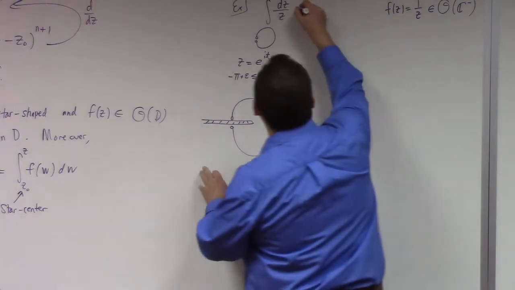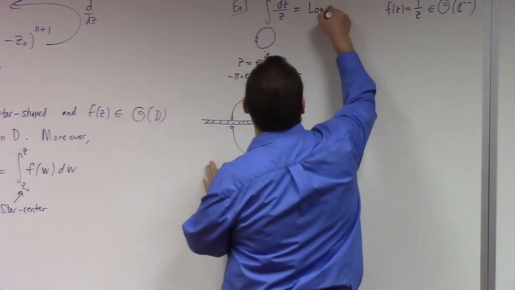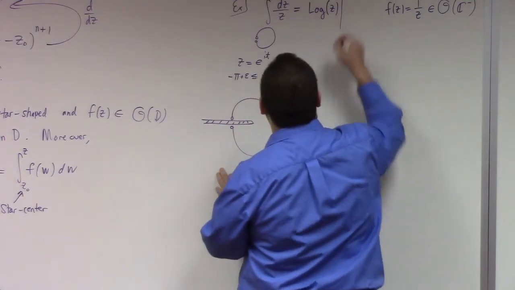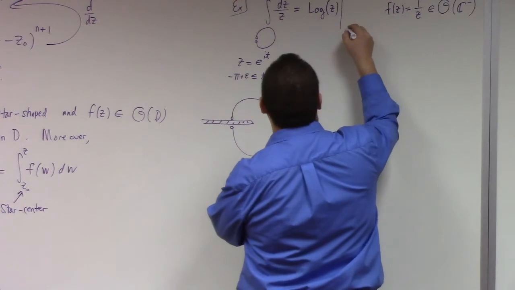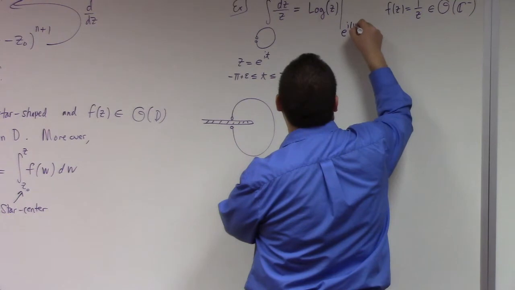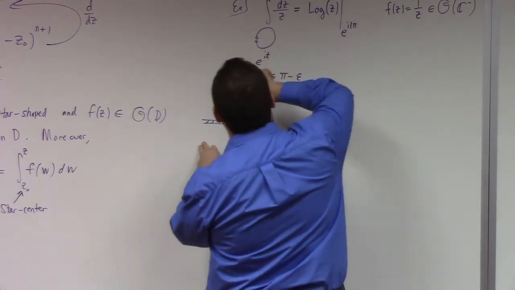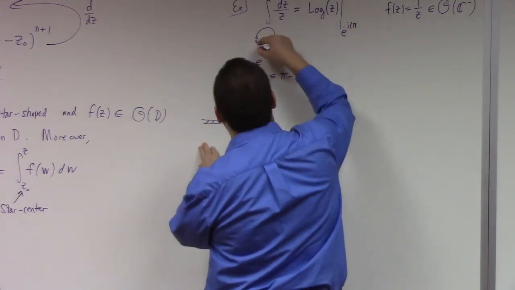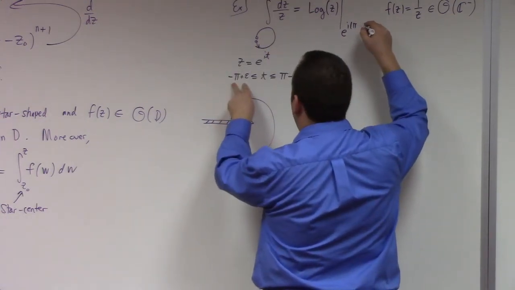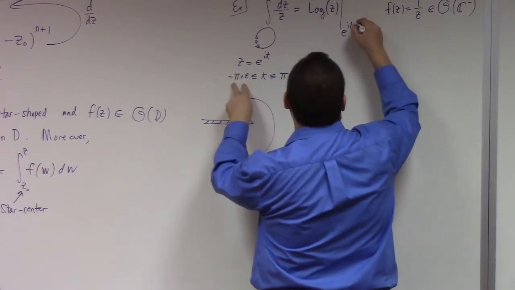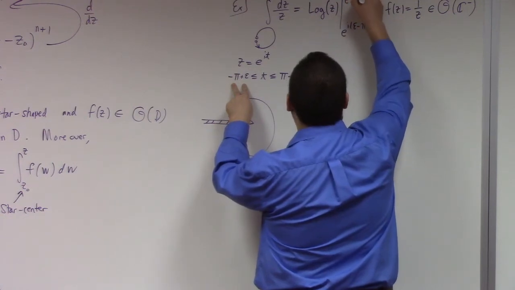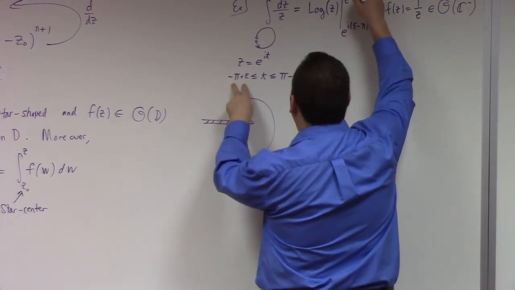And straight up, this is the log, right? Log of z, evaluated from where to where? Which direction am I going? Counterclockwise, right? So I start at e to the i(epsilon minus pi), and I go up to e to the i(pi minus epsilon), right?